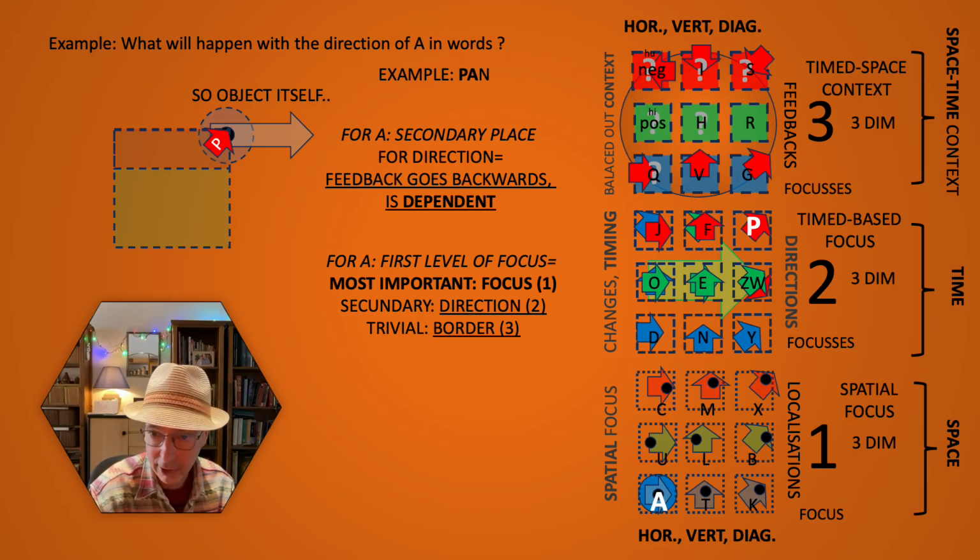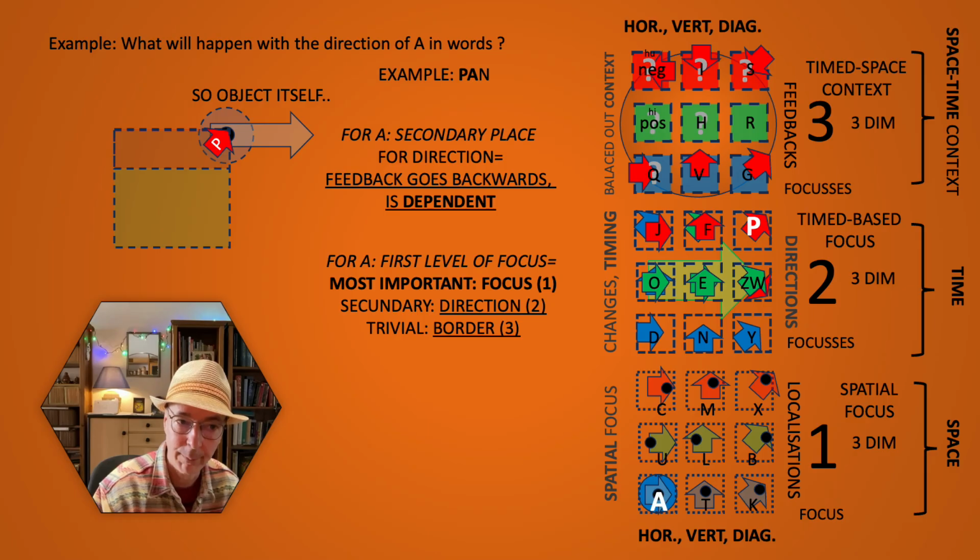But the direction of A is secondary to the letter from before, because the letter from before was about directions in time and space, and they were leading, so that will lead all the directions much more.